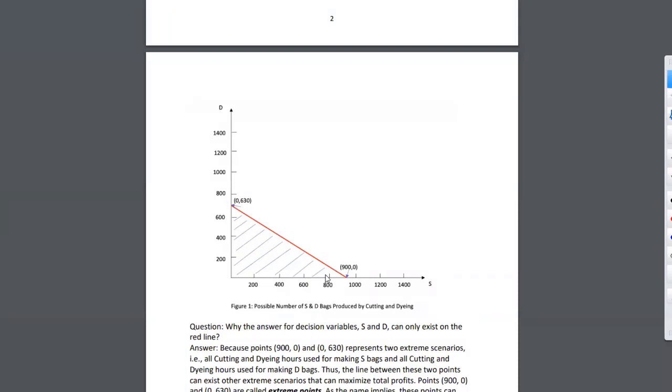It could be on the red line, it could be under the red line, but the possible solution of S and D will never exceed this red line. So I call this boundary or decision boundary. If you talk about it in decision science, you just call it boundary, because decision scientists don't care about decision, right? But in business analytics, you call it decision boundary. Make it sound nicer, right? Strategic.